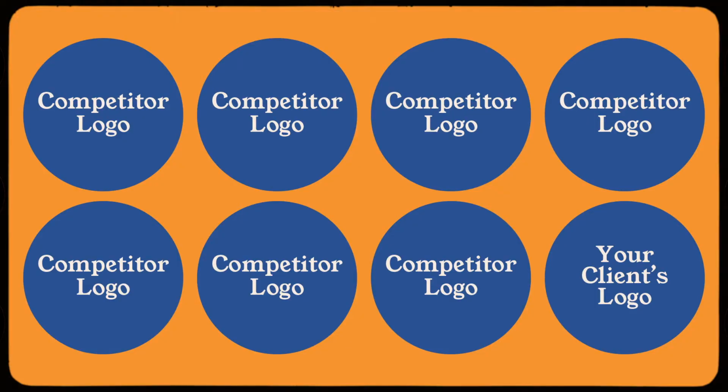Okay, so now you have all of this information about your client, you have research, you have competitor analysis, and now you want to determine a direction. Was there something that you noticed that their competitors weren't doing? For instance, if they're all using serif type, maybe you could use sans serif type?